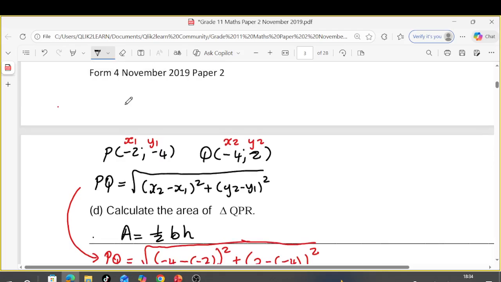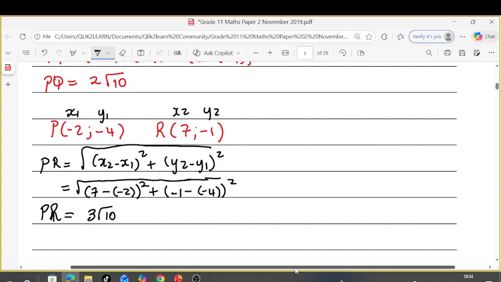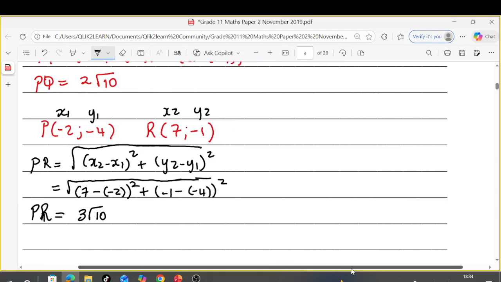Now we can use the area formula. We remember we said that the formula that we're going to use, therefore our final answer is A, equal to half of PQ multiplied by PR. So now what is the area equal to? It's 1 over 2 inside the bracket.